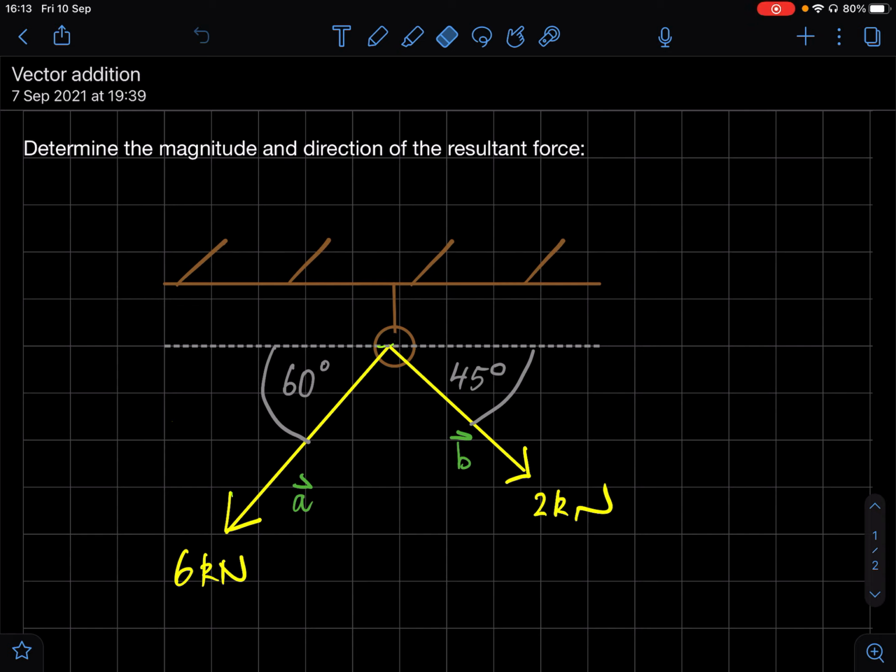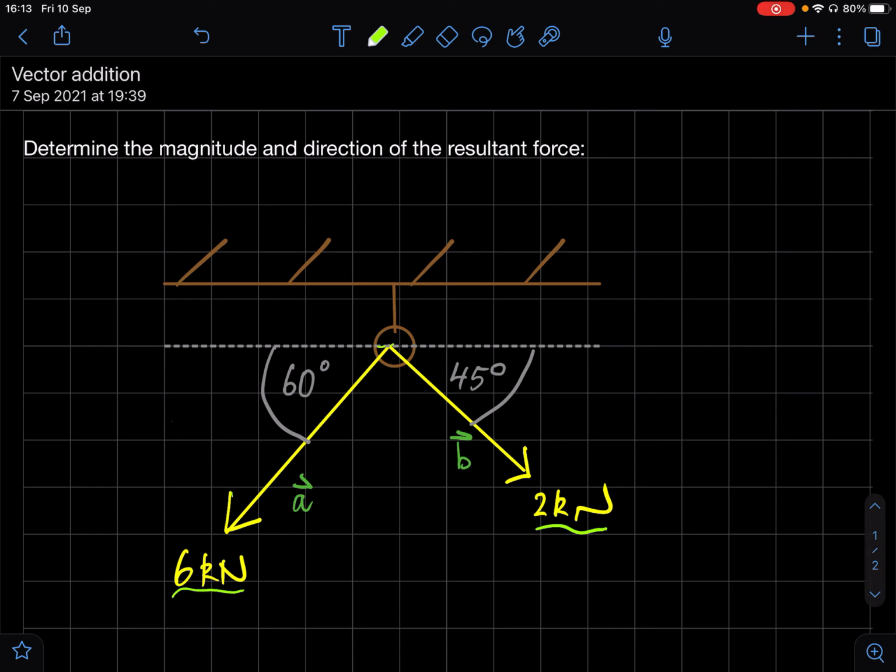In this video, we're asked to determine the magnitude and direction of the resultant force. I guess you could think of it as two ropes attached to a wall, and one force is larger than the other force. I've labeled them as vectors, so that's vector A at 6 kilonewtons and vector B at 2 kilonewtons.